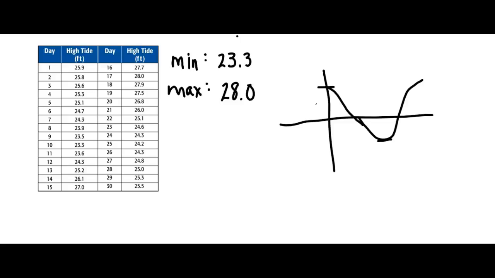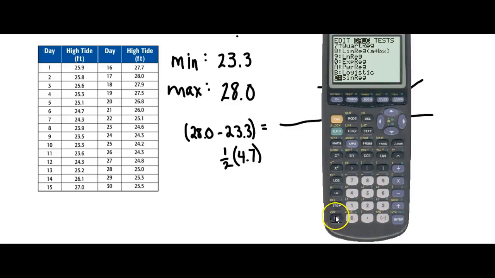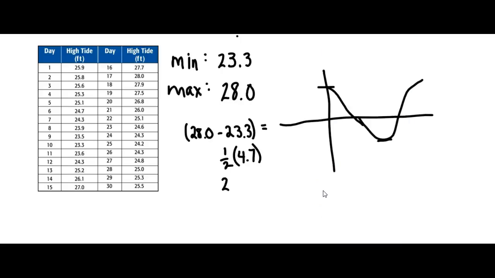So for the amplitude, we're going to take 28.0 minus 23.3, and that would be 4.7, and then half of that is going to be our amplitude. So we take 0.5 times 4.7, we get 2.35.